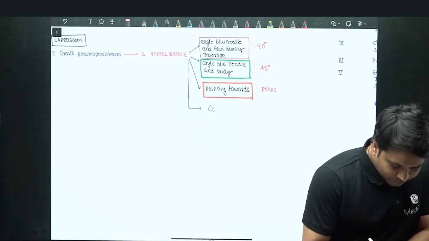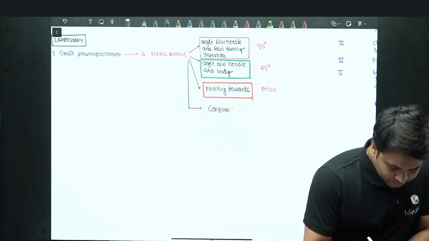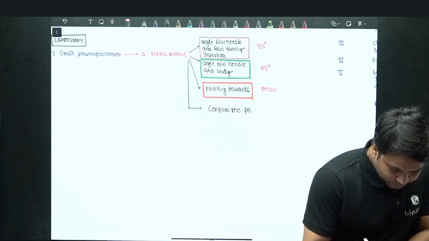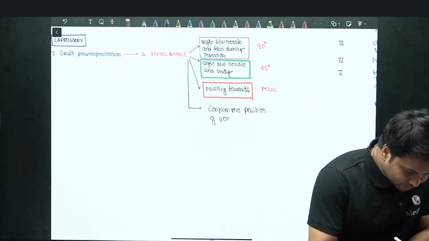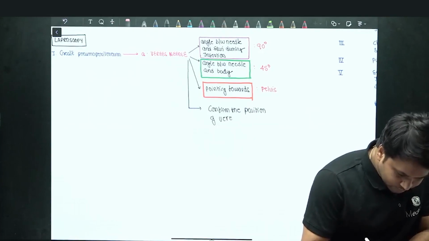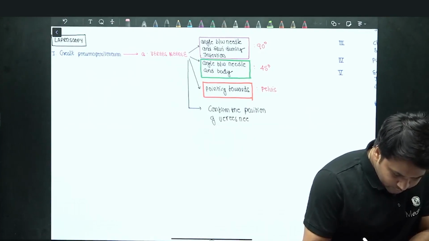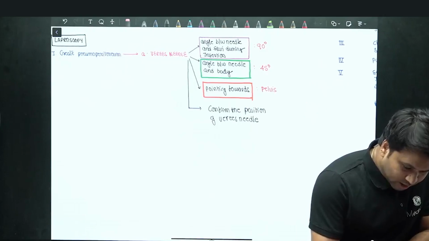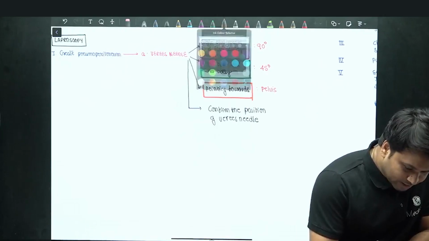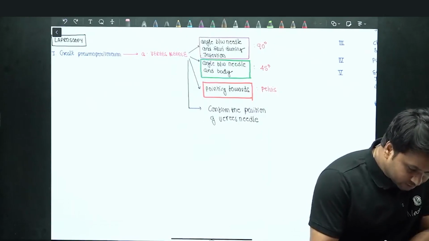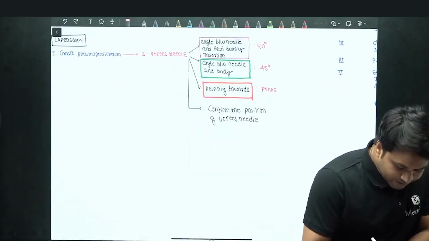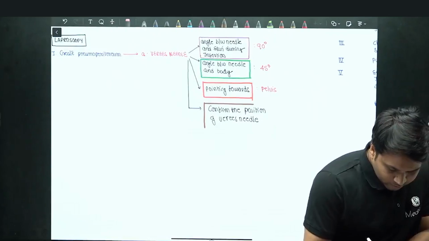How do you confirm the position of your Veress needle? That means, how do you know whether it is inside the peritoneum, or is it outside the peritoneum?